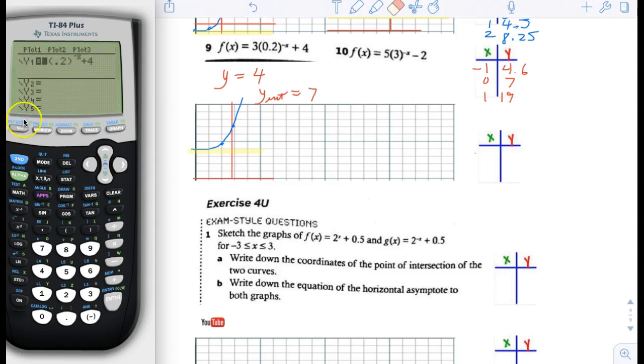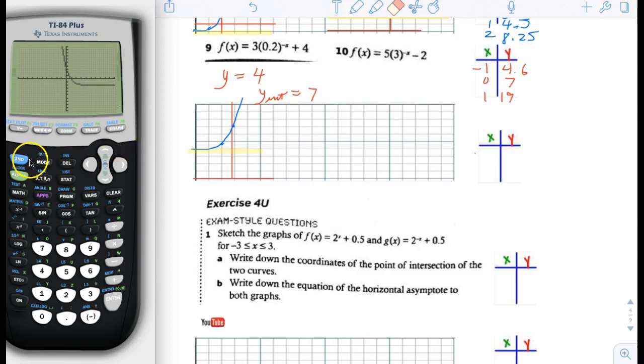Let's try one more time. 5 parentheses, 3 parentheses, to the negative x minus 2. Graph. Interesting.